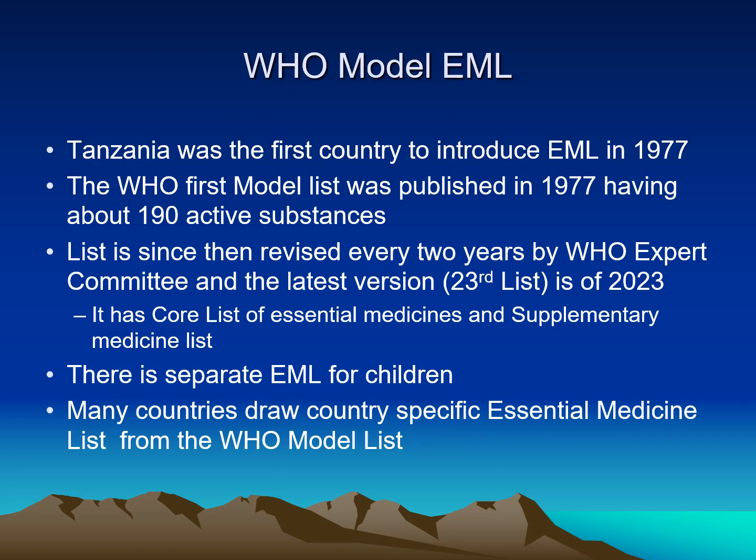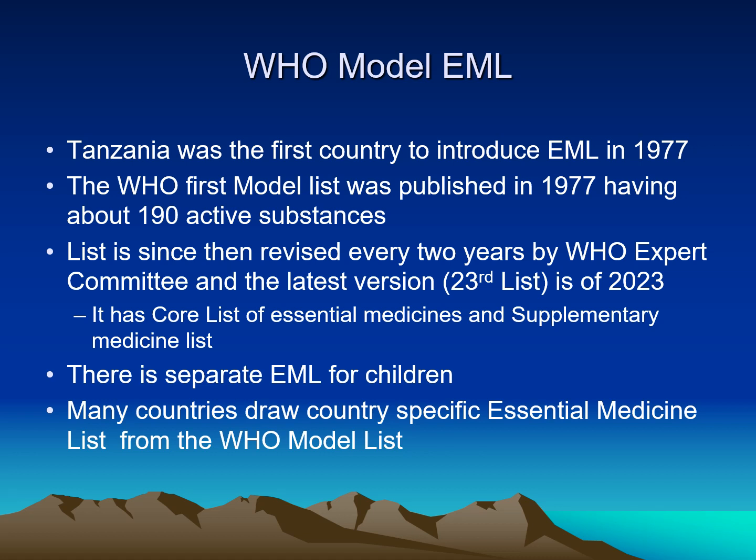WHO model list of essential medicine was introduced in 1977, and before that Tanzania was the first country to introduce an essential medicine list around the same time. This list by WHO is revised every 2 years by the expert committee, and the current version is of 2023.